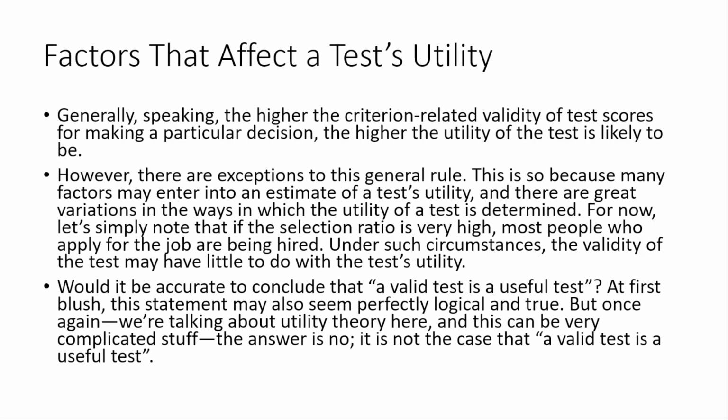This is so because many factors enter into an estimate of test utility, and there are great variations in the ways the utility of the test is determined. For now, let's simply note that if the selection ratio is very high, then most people who apply for the job are being hired. Under such circumstances, the validity of tests may have little to do with the test utility.